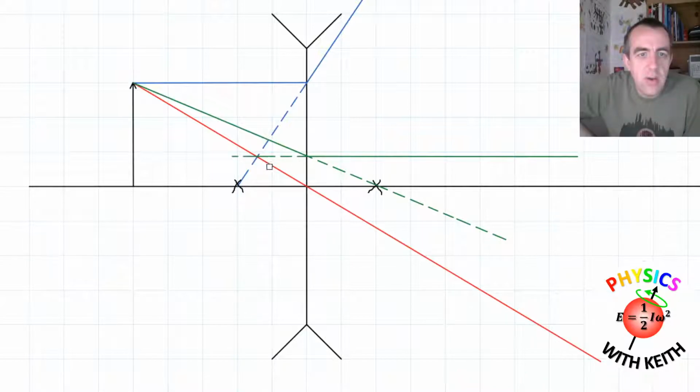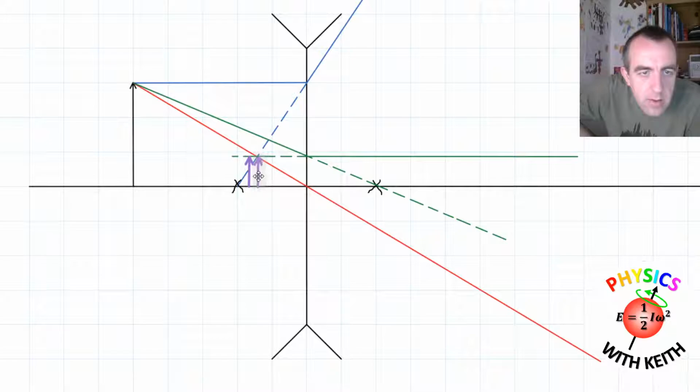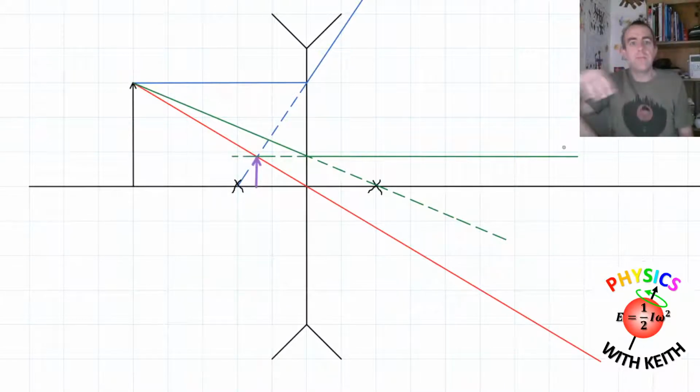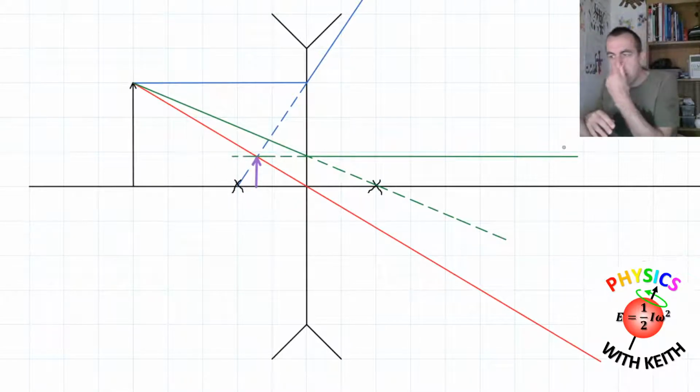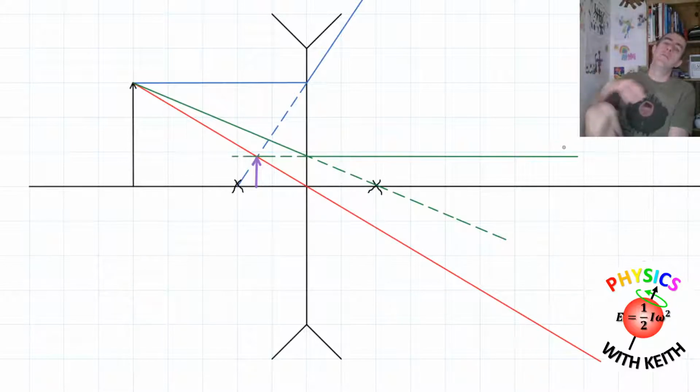But can you see that they all converge at that point there? And so our image, which I will draw in purple, will form there. So it looks a little bit more complicated, but the rules are the same.